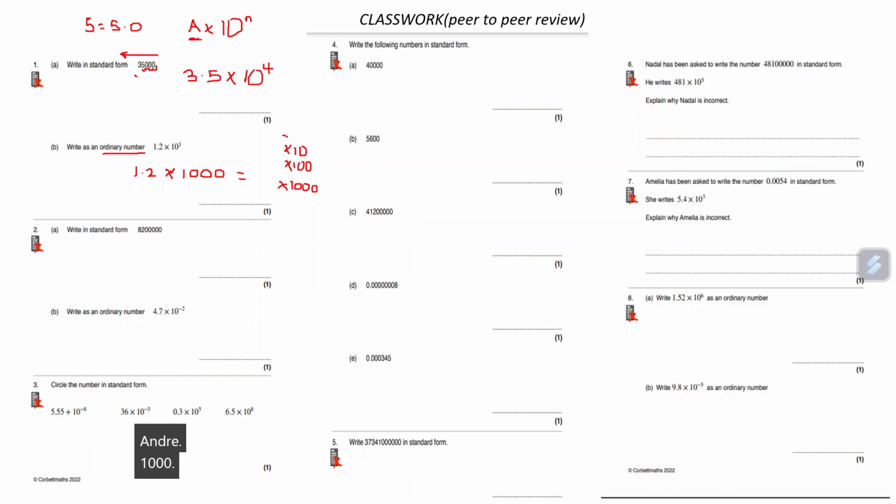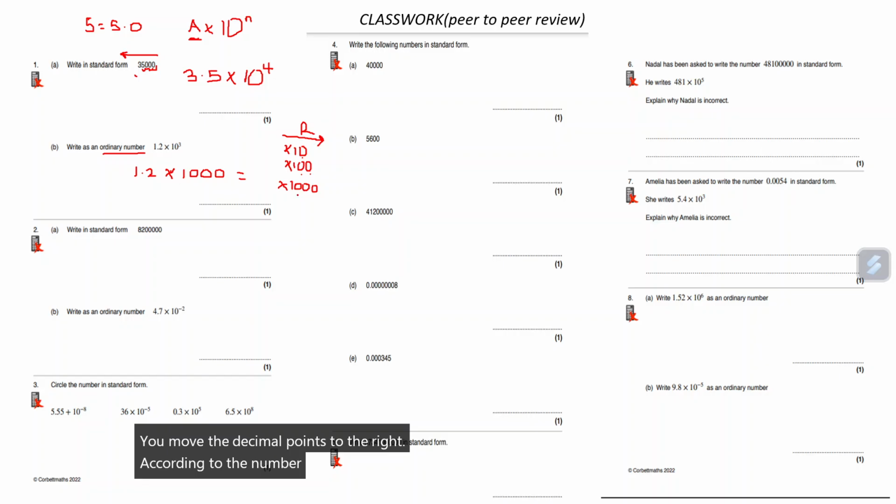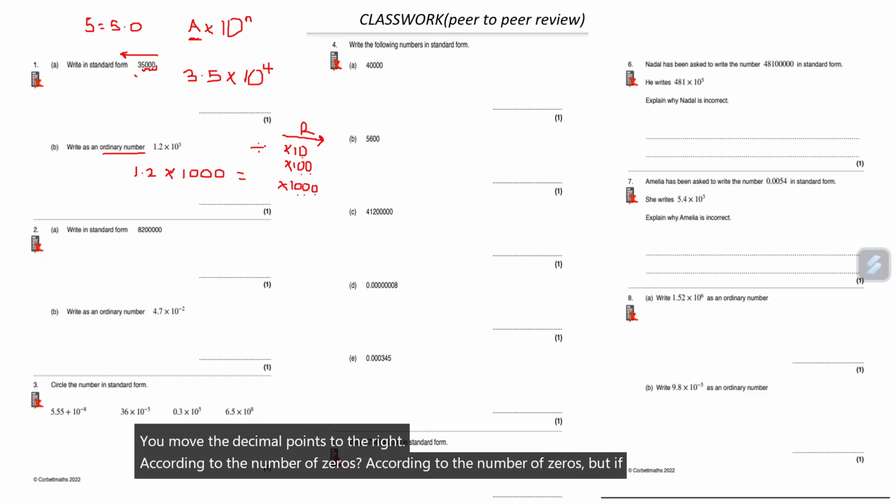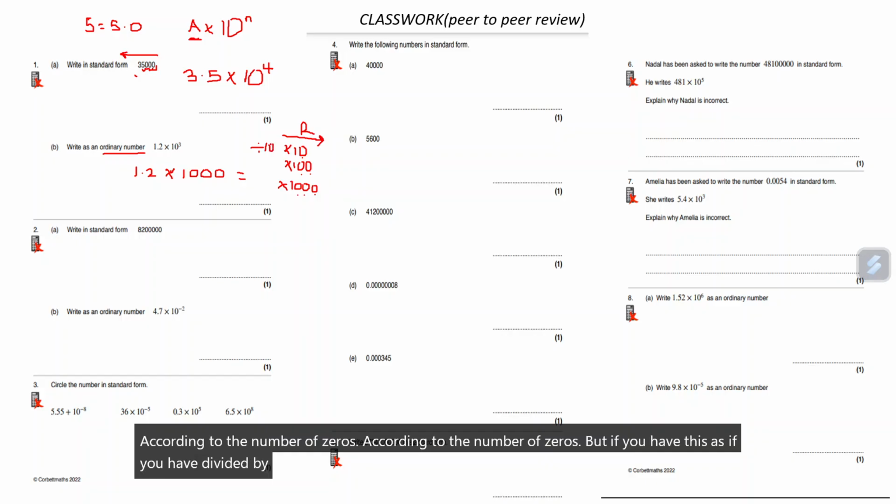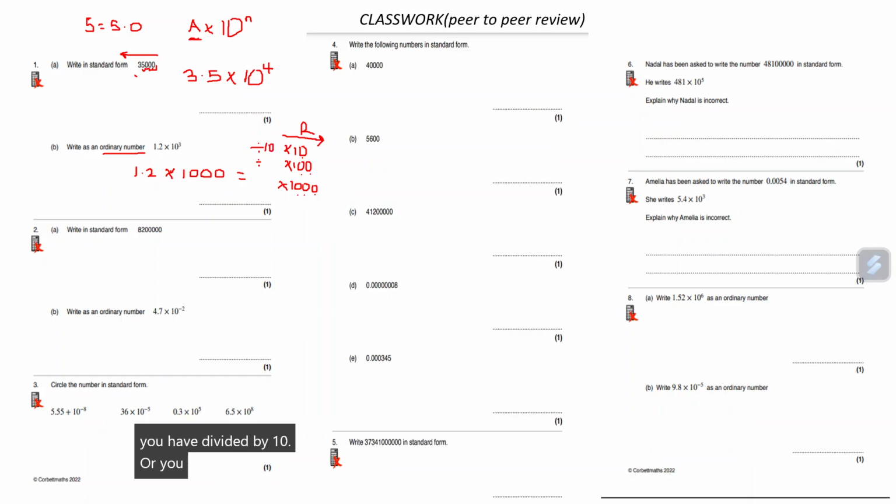You move the decimal point to the right according to the number of zeros. But if you have divided by 10, or divided by 100, or divided by 1000, you move your decimal point to the left according to the number of zeros.